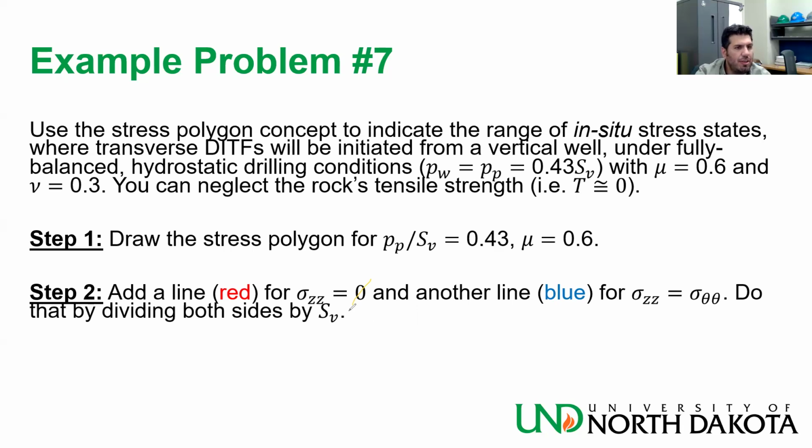So I use orange. Minus T. And then a blue line for sigma zz equals sigma theta theta. Now, both of those, I should really do at r equals rw.